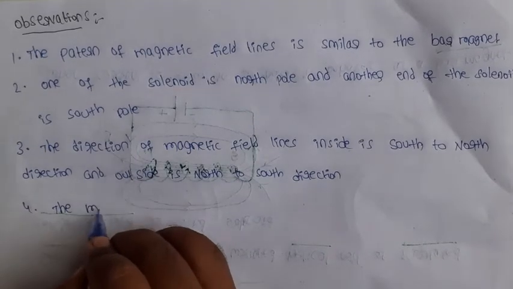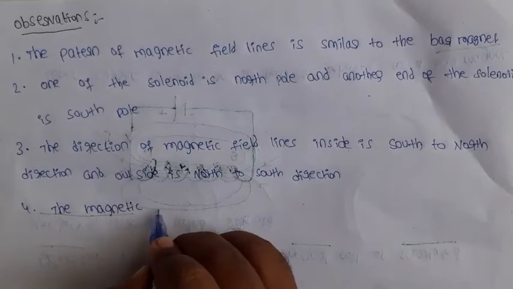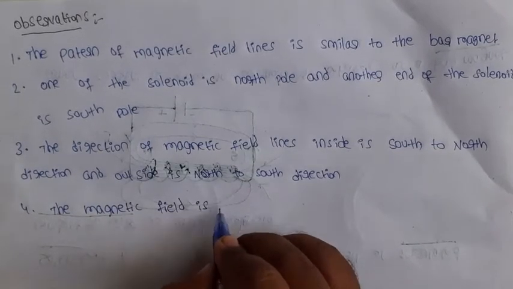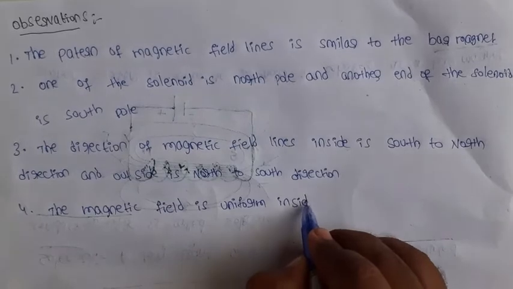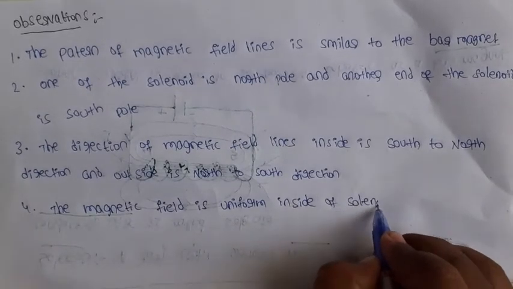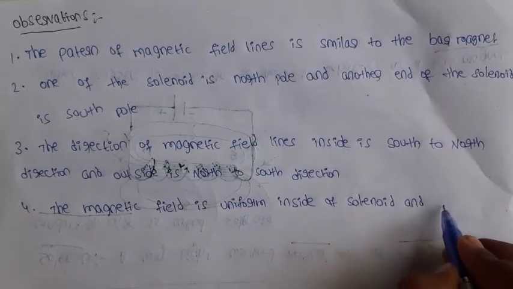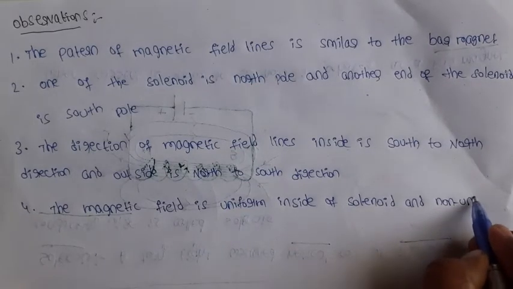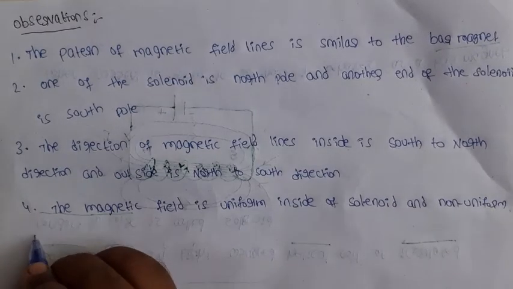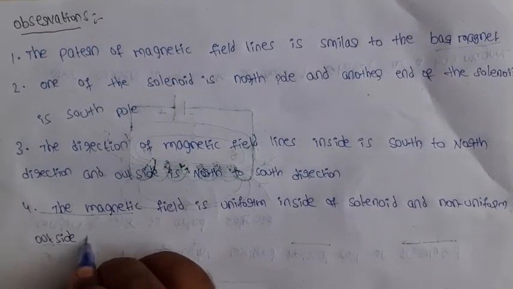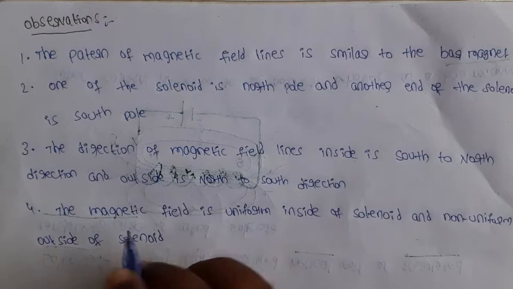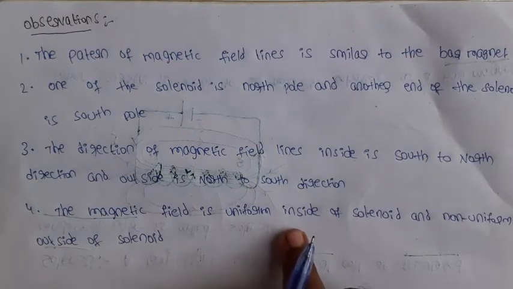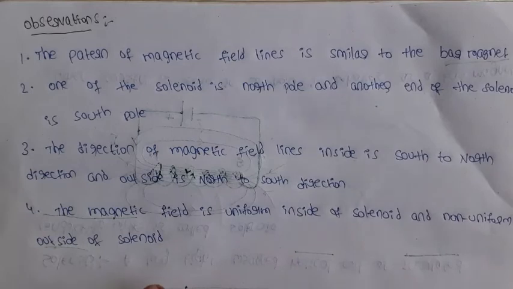The magnetic field is uniform inside of the solenoid and non-uniform outside of the solenoid.